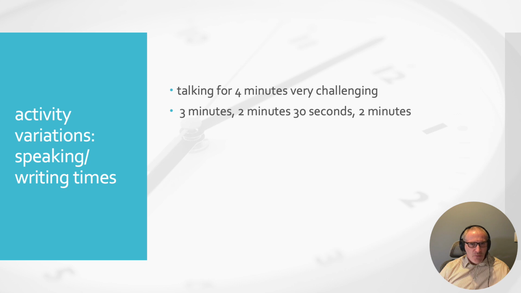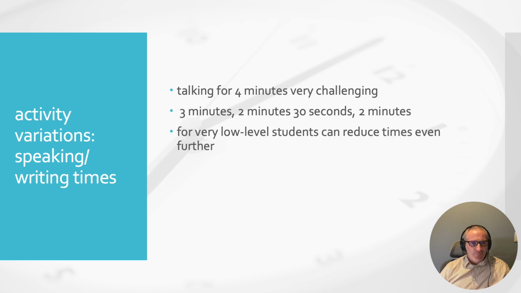So 3, 2.5, 2 isn't as catchy as 4-3-2, but in your case it might be more effective. And for very low level students, you might reduce the times even further. I haven't done this in my example, as you can see, but you might want to keep the proportion of how much time you reduce the same as the original 4-3-2, but I'm not sure how important it is to do that.